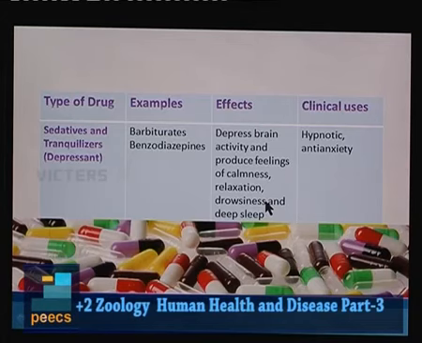So, collectively it will produce a depressant effect. Clinical uses include hypnotic and anti-anxiety. For some mental disorders we are using sedatives and tranquilizers to get relief.